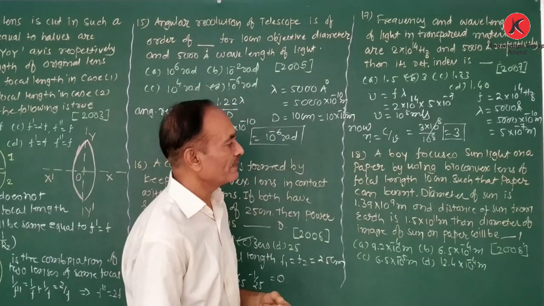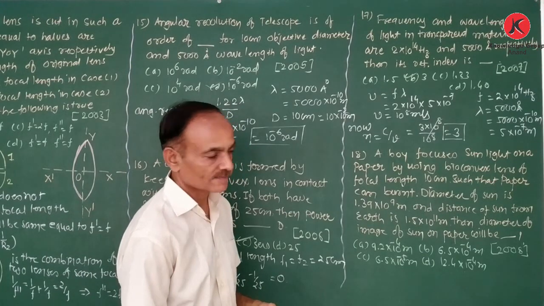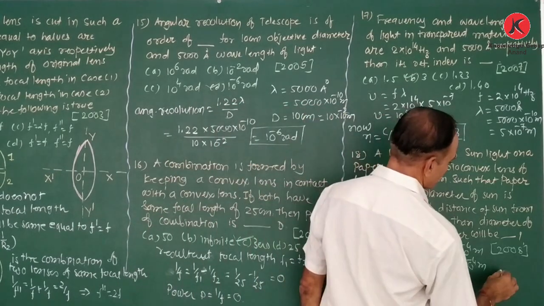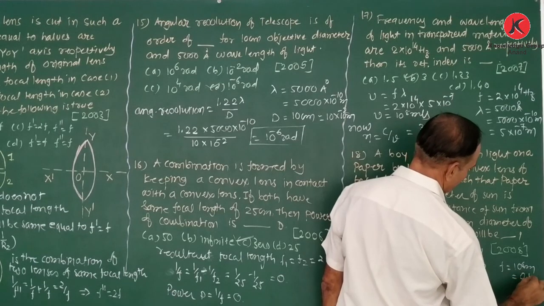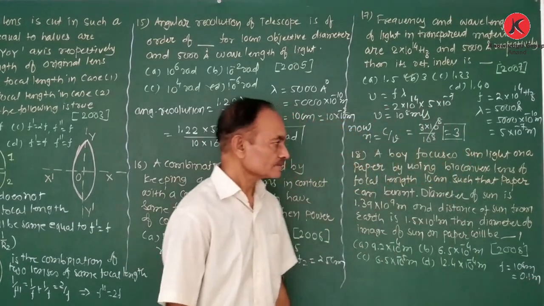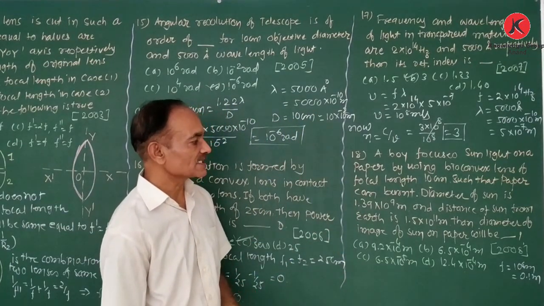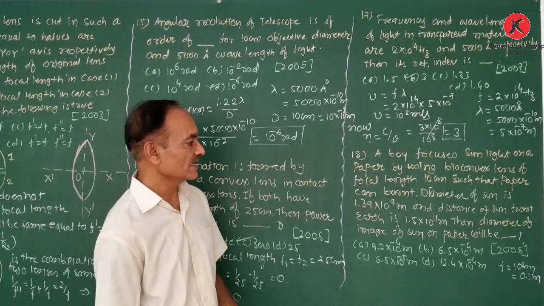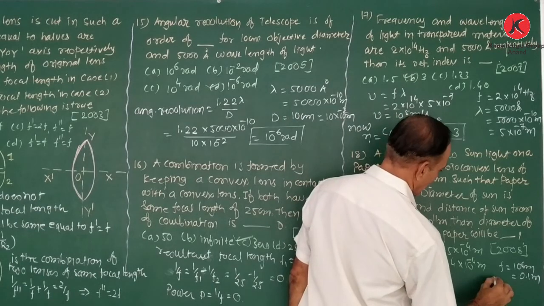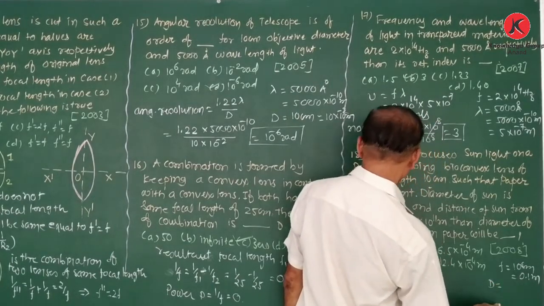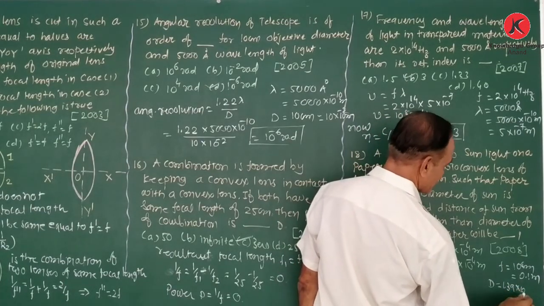Now listen, a boy focuses the sunlight on a paper by using a biconvex lens of focal length 10 centimeter. So the focal length is given, 10 centimeter, equal to 0.1 meter, such that the paper can burn. The diameter of the sun D is 1.39 × 10^9 meter.